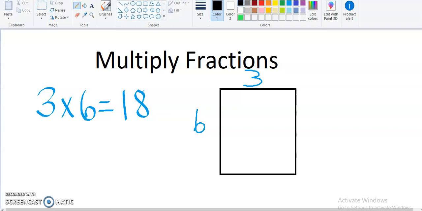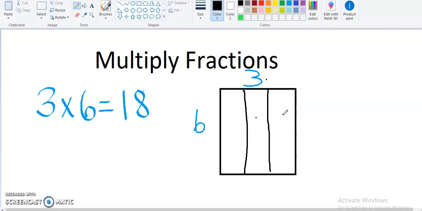All right, let me switch colors. So that means this whole side here, the whole length is 3. And I'm going to divide it into 3 equal parts. It's 1. With 2 lines, I have 1, 2, 3 equal parts.